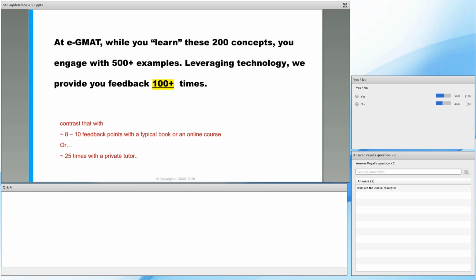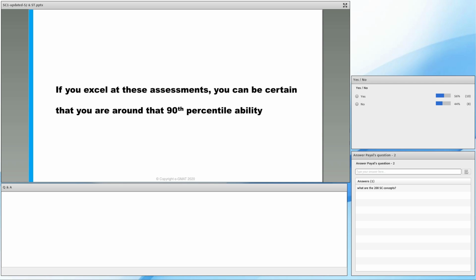And that is the reason your method of preparation for GMAT SC, or rather the entire GMAT, should be very channelized, should be in the most proper direction it can be, right? So let's talk about feedback. If you excel in the assessments that we would be sharing with you, or if you're an e-GMAT student, you can access that. When you excel in these assessments, you can be very sure about getting to that 90 percentile, and it works both ways.